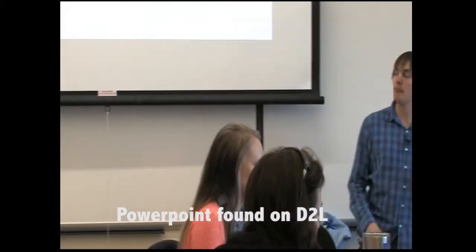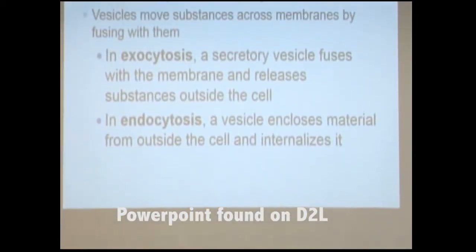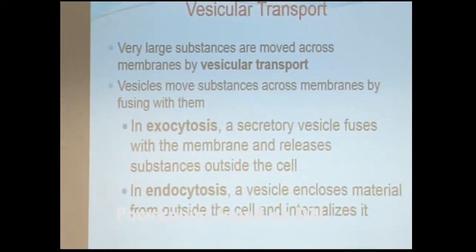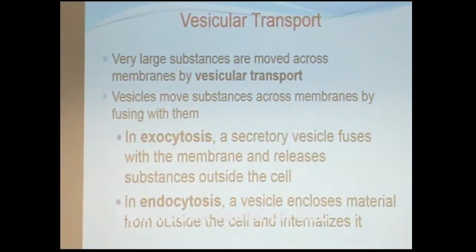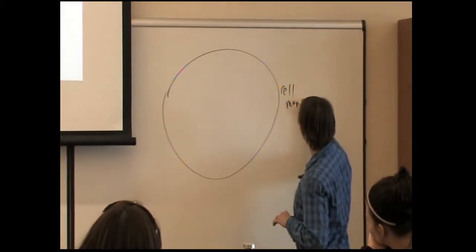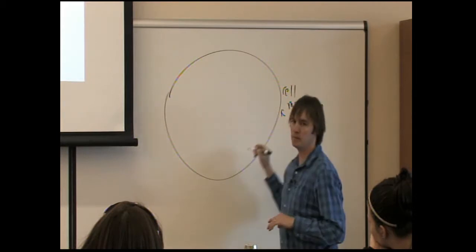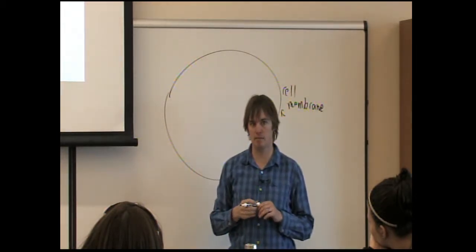So what exocytosis and endocytosis have in common is that a vesicle's involved. What you want to think of is basically, here's the cell membrane. Does anybody remember what a cell membrane's made of?